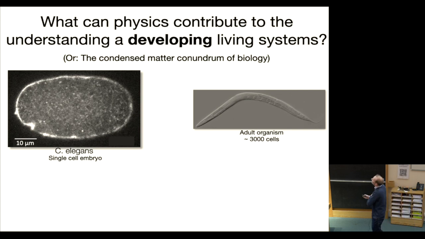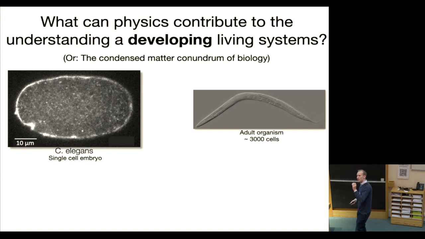What's interesting to note about this is that we know almost every microscopic detail of this organism. We know precisely its genome. Of course, from humans, we also know the genome nowadays, but this was one of the first organisms where this was fully decoded. But we know much more than this. Of all these 3,000 cells that emerge in the adult organism, we know exactly how they got there. It's very reproducible.